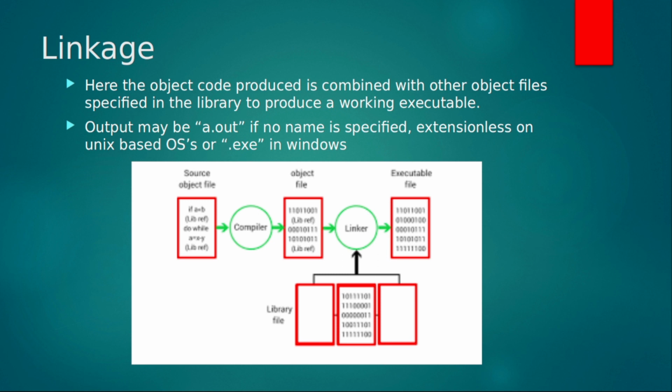So basically, what happens is the source code, after all the processes, gets to the object file stage. The linker now combines it with different object files from the library.